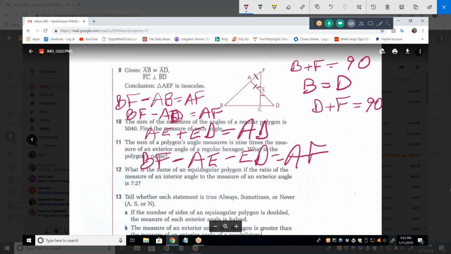We're trying to prove things about AE and AF. This actually seems like it's probably in the right direction. BF minus AE. Okay, because AB is equal to AD. That is true.